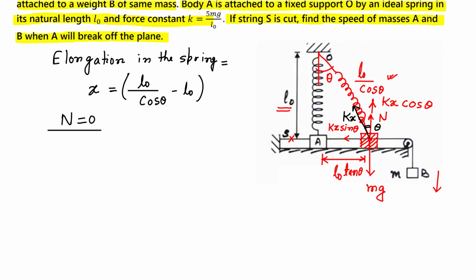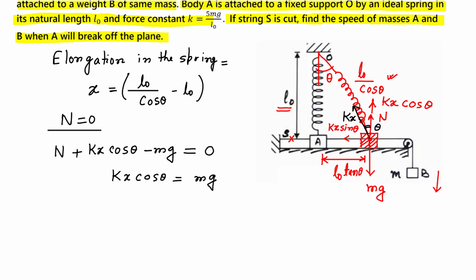For block A, in the vertical direction, the forces are normal reaction plus kx cos theta minus mg. There are no other forces and there is no motion in the vertical direction, so this is equal to 0. But the normal reaction is also 0, so kx cos theta is equal to mg.